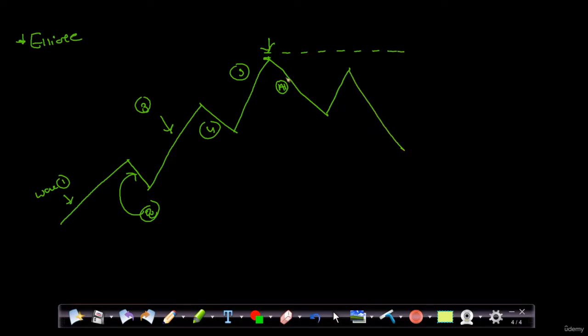This corrective is long, but this impulsive wave is not able to break the high, and again it will drop with a corrective wave. So two consecutive corrective waves with one impulsive wave, we can consider as a trend reversal.